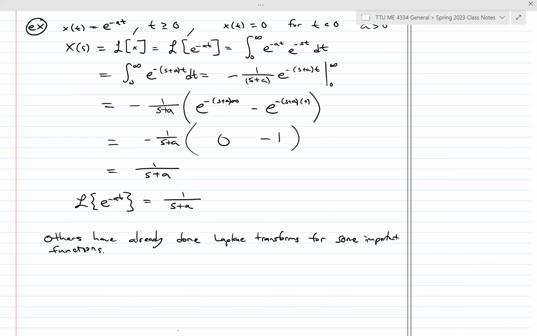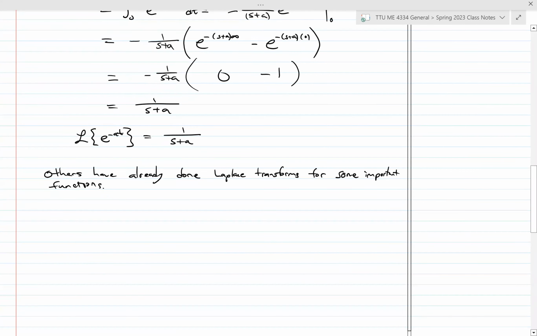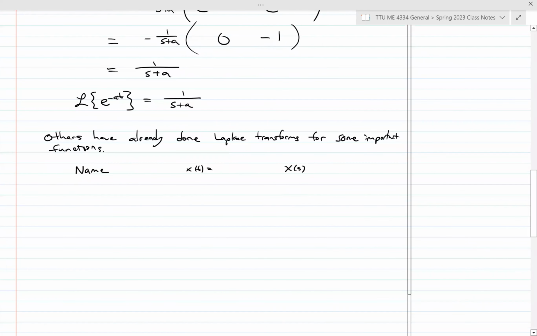Right? Our Laplace transform tables, which I'm sure you guys have all seen a lot, right? So let's just go through a few important ones. I'll go through the name of the function, what x is equal to, and then what x of s is going to be, our Laplace transform for it.